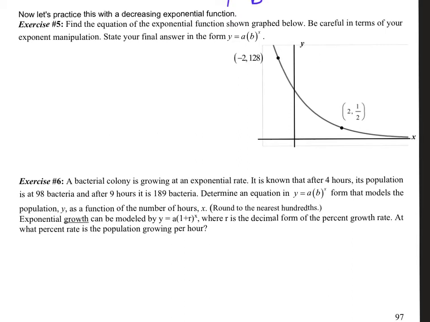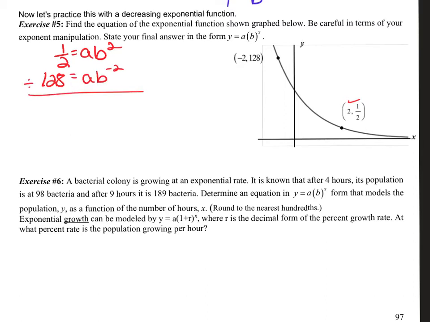This is why I say put your larger x value on top. And in this particular case, the larger x value is this one. So I'm going to plug that in. So I have 1/2 equals ab squared. And then I have 128 equals ab to the negative 2.